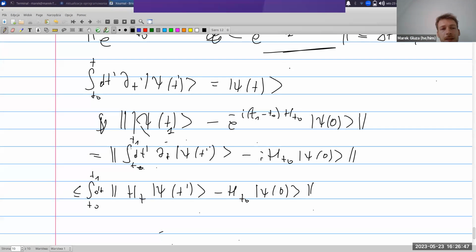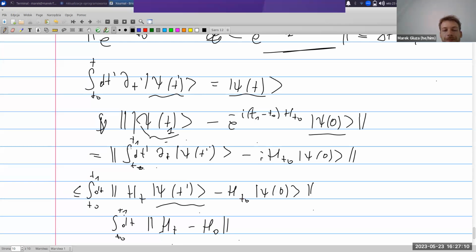The problem is that I was trying to prove the difference of psi t from the constant evolved, but I'm getting this continuous thing here. I would like to reduce this to just the integral of dt, and then ht minus h0, which everywhere differs by a small amount if it's t0, t1. But because of this, it becomes recursive.